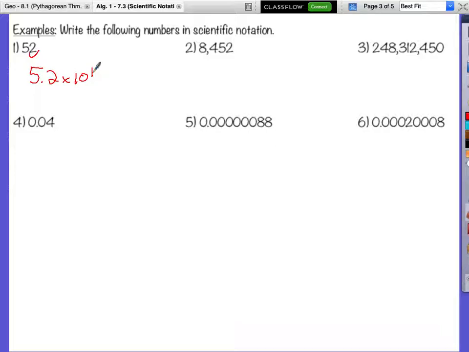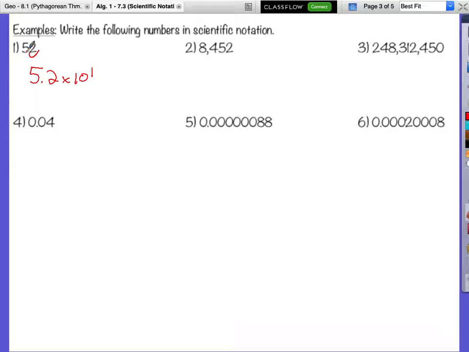Okay, so basically what I did is you need to have it below 10. So I moved the decimal point from here to here, which means I moved it once, so it's 5.2 times 10 to the first. The decimal's on the other side of the 2.